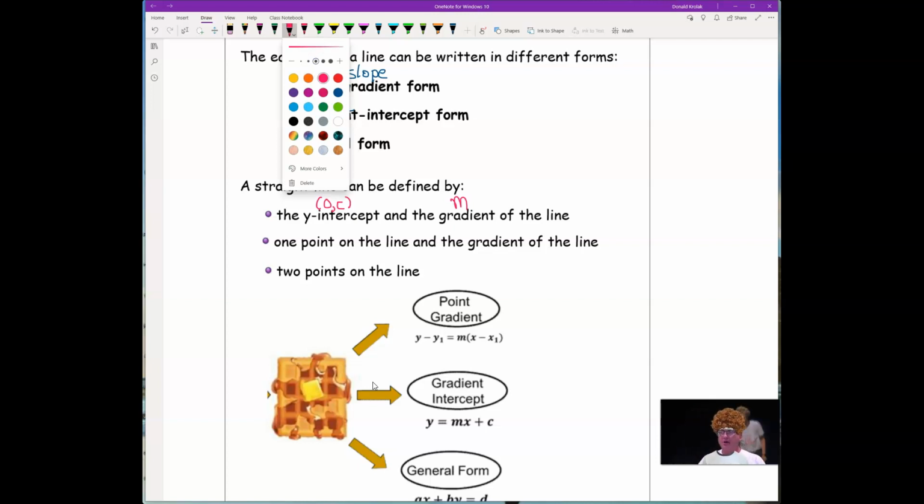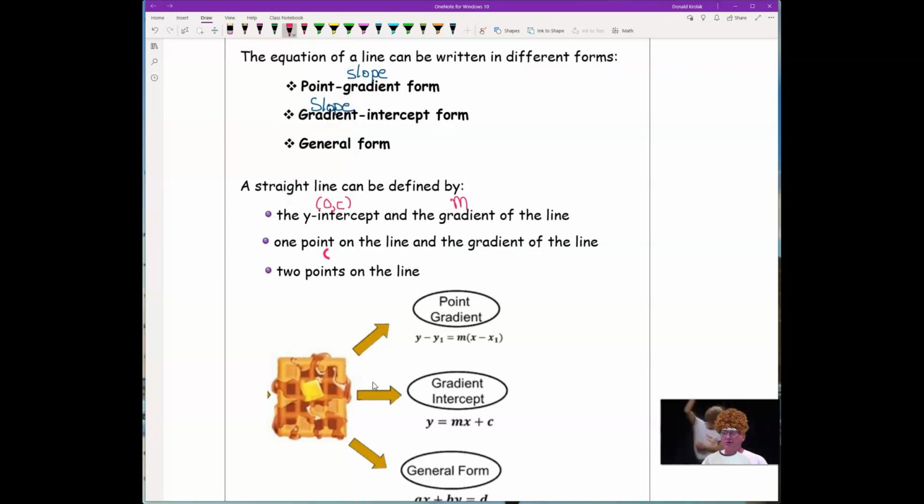Or you could make a waffle if you knew one point on the line, so you knew an x and a y coordinate, and you knew the gradient of the line. Or you could take 2 points that are on the line, and that would be enough to write an equation for that line. You did this back in Algebra 1, so today's just a brief review of it.